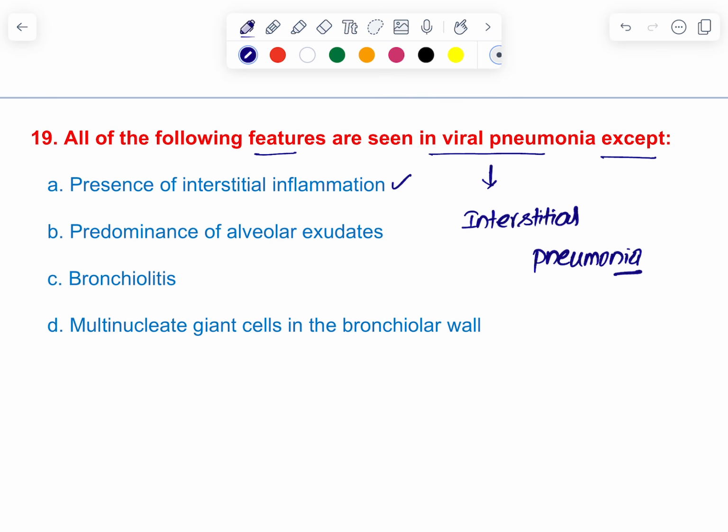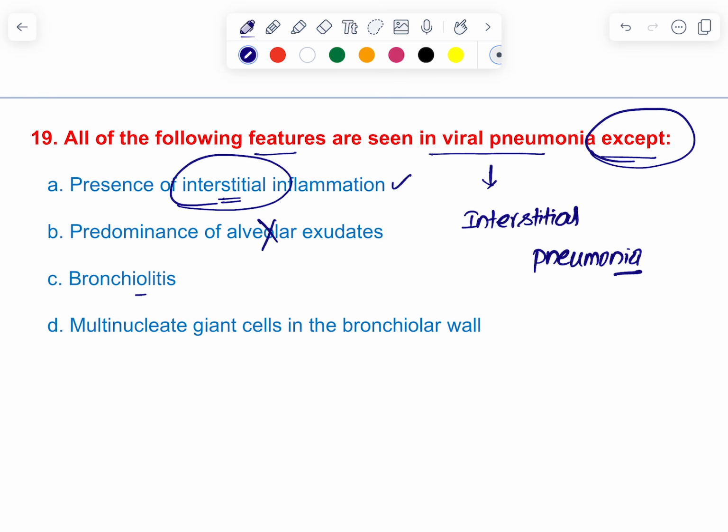There's no doubt in that. The exudate is confined only to the interstitium. You don't have alveolar exudate. The question asked is except, so predominance of the alveolar exudate is an incorrect statement.